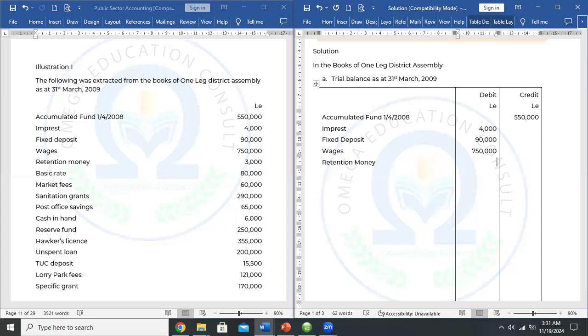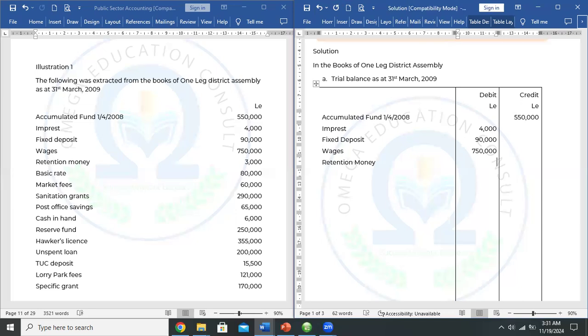Then we are now on the retention money. As I said to you, the retention money is that amount withheld by the government from the contractor to ensure that the contractor completes the contract assigned to him or her.